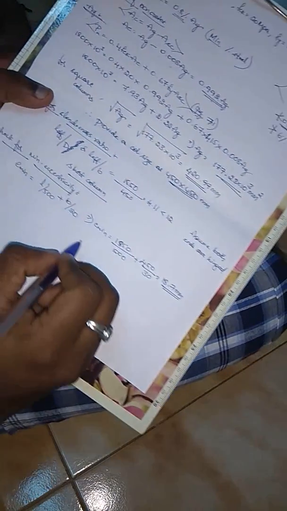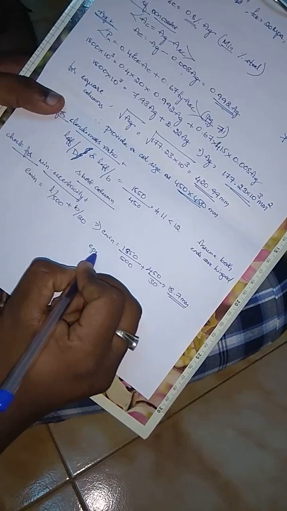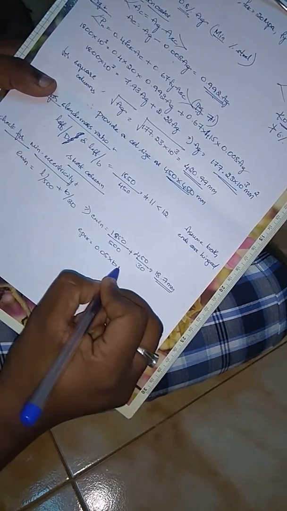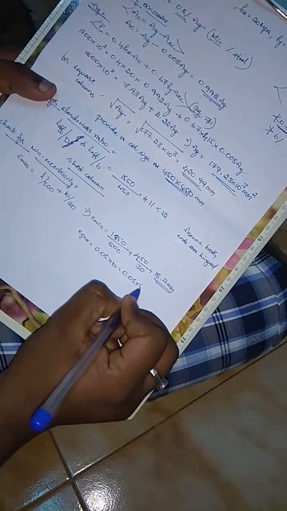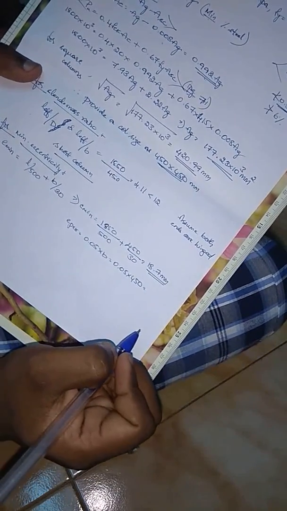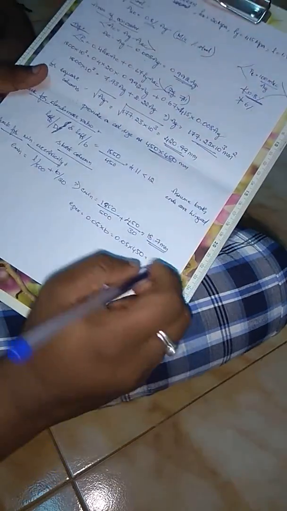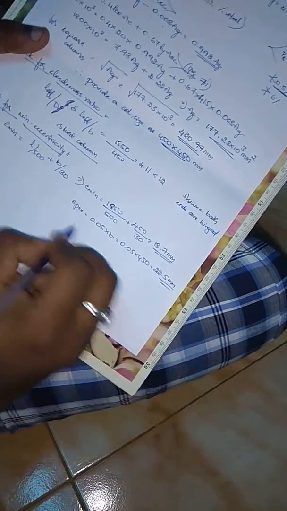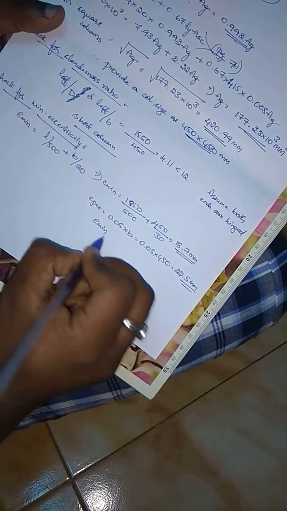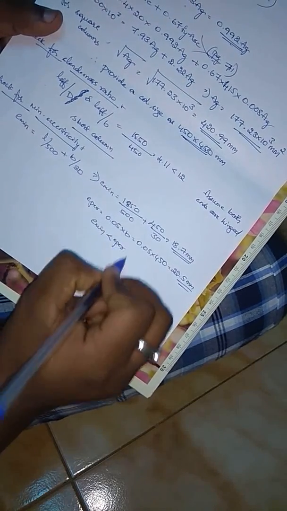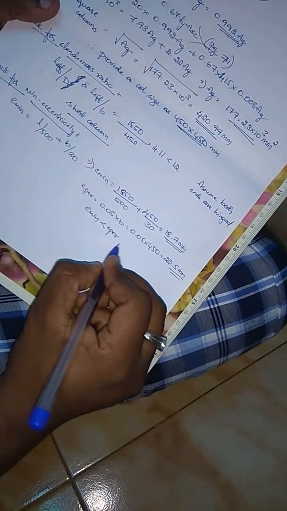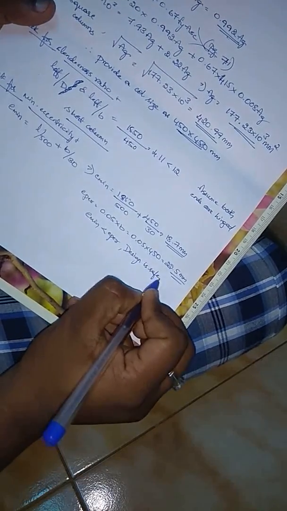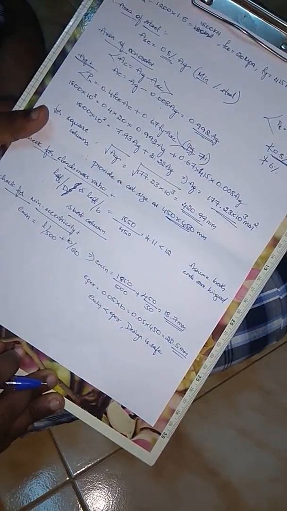Next find E permissible value, 0.05 into B, so 0.05 into 450, so you will get the answer 22.5 mm. So E minimum should be less than E permissible, then design is safe.